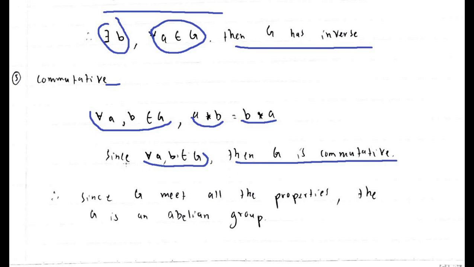Okay, so since G meets all the properties, then G is an abelian group.